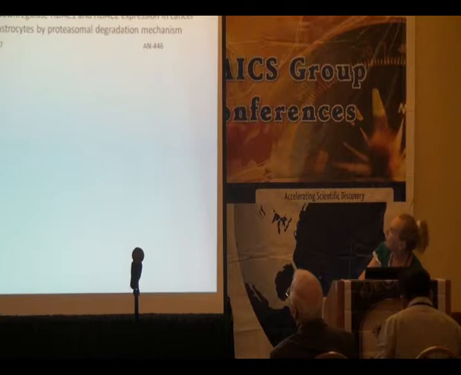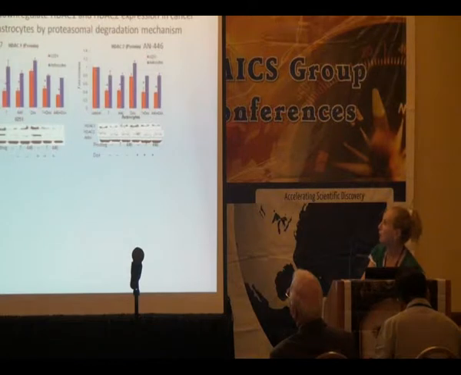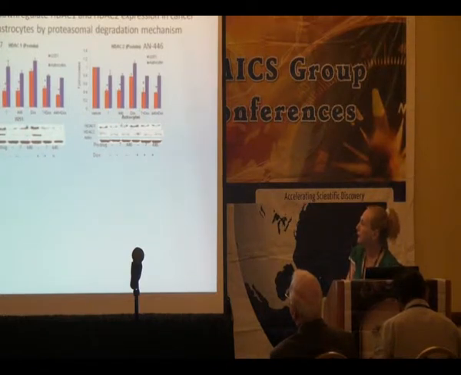So if we saw that we affect the activity of HDAC selectively in cancer cells versus normal cells, we looked at the expression. And what we saw was that initially the expression of HDAC1 and HDAC2 is higher in the cancer cells, as you can see on the left-hand side in U251, and lower in astrocytes.